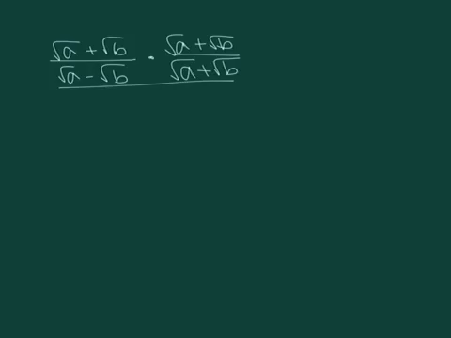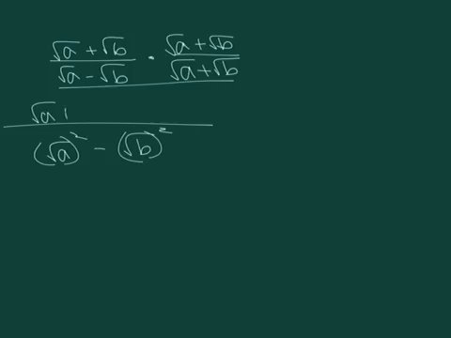Multiply the bottom and we get the square root. We square the first term minus square the second term. So that's pretty easy. But then we have to take square root of a plus square root of b times the square root of a plus the square root of b. So we have to do the FOIL method in that top there.